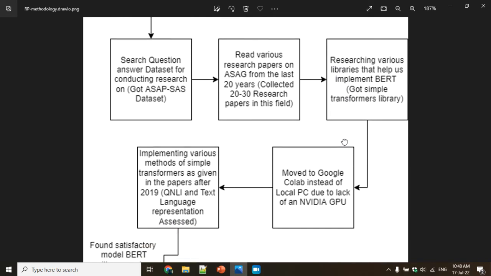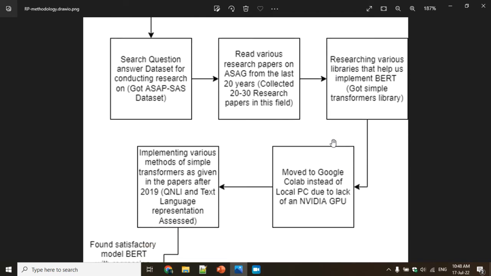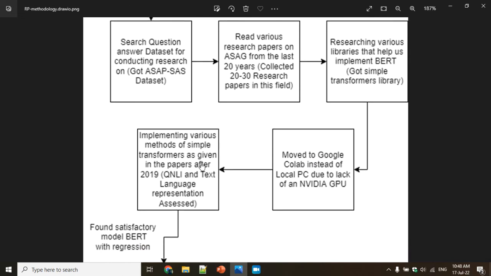Then, since I didn't have a GPU on my computer, we moved to Google Colab, since it gives a Tesla K80 GPU by NVIDIA. Then we implemented various Simple Transformers models from 2019 papers.